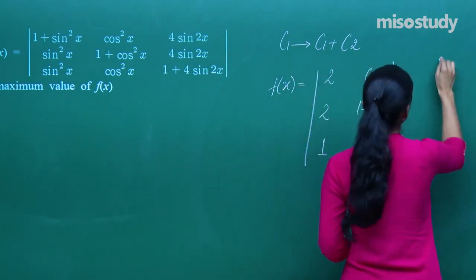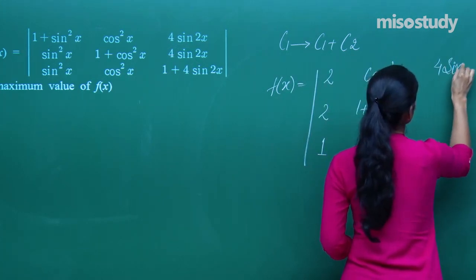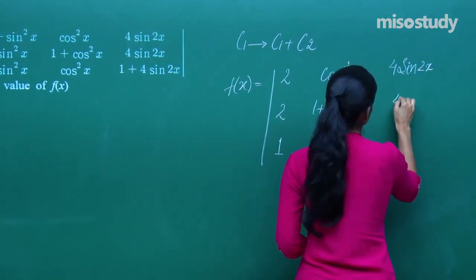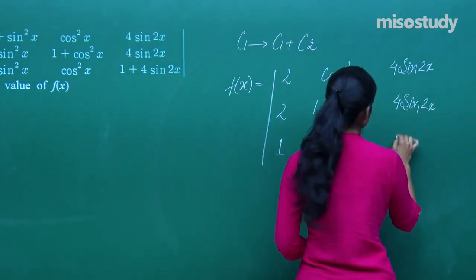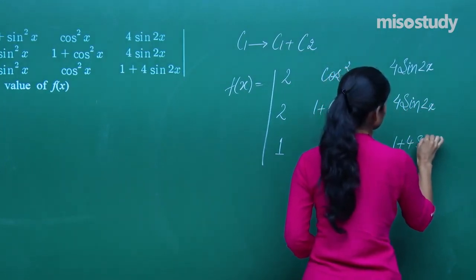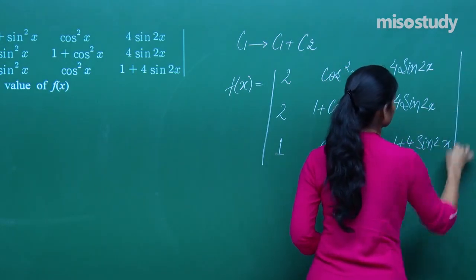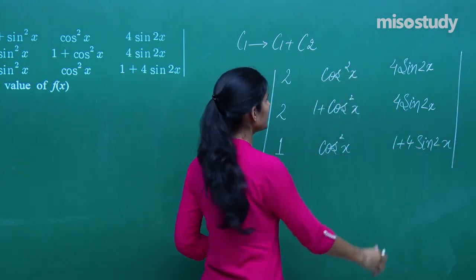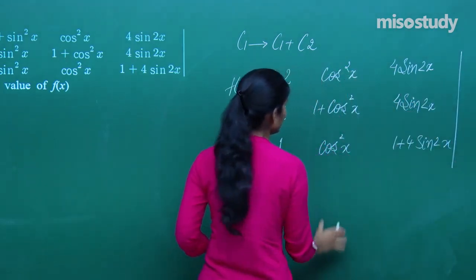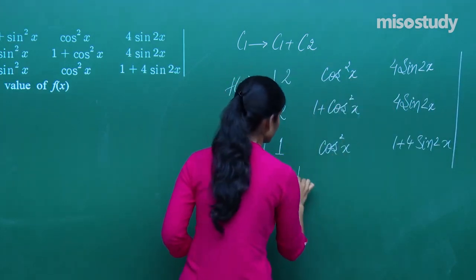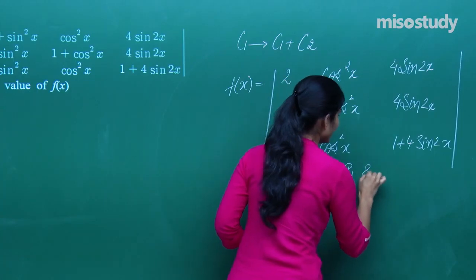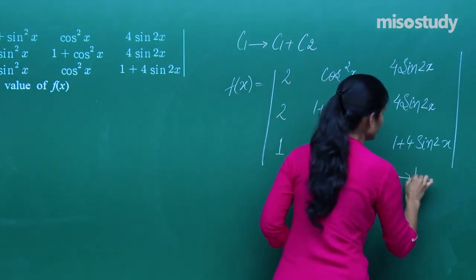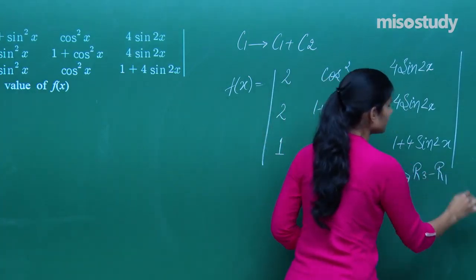Rest you have the same: cos square x, 1 plus cos square x and cos square x. Then you have 4 sine 2x, 4 sine 2x again, and 1 plus 4 sine 2x. So now you can very easily see these two are same and these two are same. So you can apply two operations, row 2 goes to row 2 minus row 1 and row 3 goes to row 3 minus row 1.